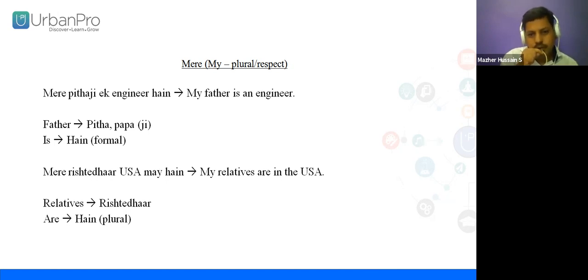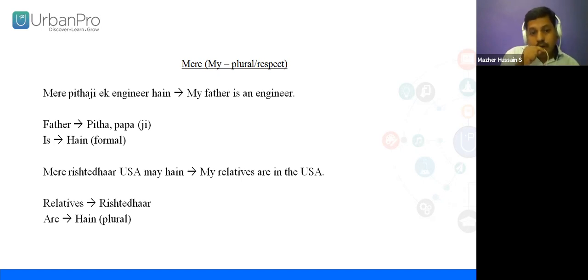For example, we have Gandhi ji or Nehru ji, and so many other people, right? When we add जी, we are giving respect to the person as well as to the person's name. Here, as a father, I have to give respect, so I say पिताजी. So मेरे पिताजी एक engineer हैं.